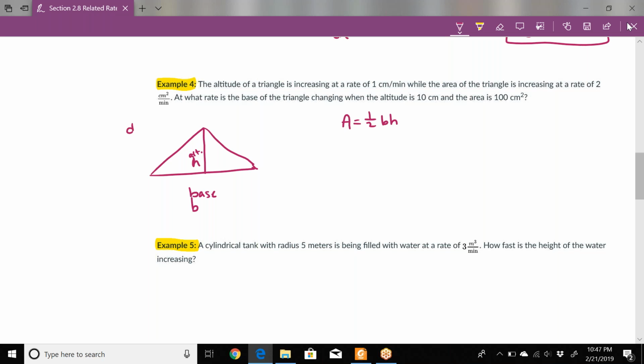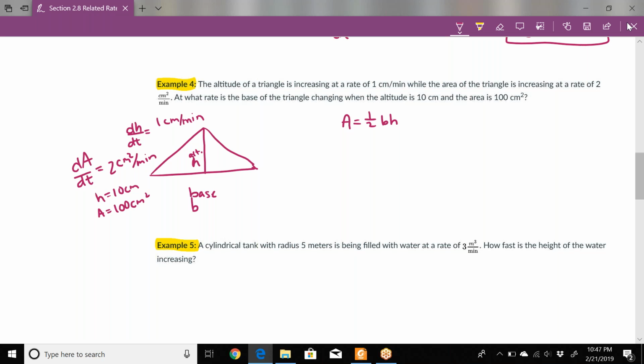Okay, so let's see what else we can figure out. We know then that dH/dt is changing at 1 centimeter per minute. We know that the area dA/dt is changing at 2 centimeters squared per minute. And we know at a specific instant that the height is 10 centimeters and that the corresponding area was 100 centimeters squared.